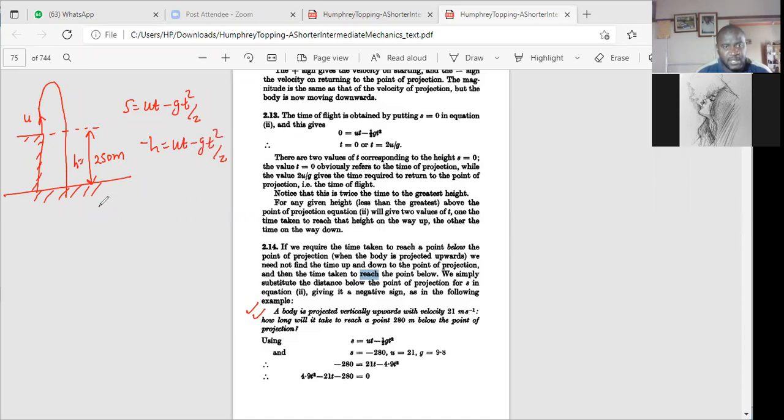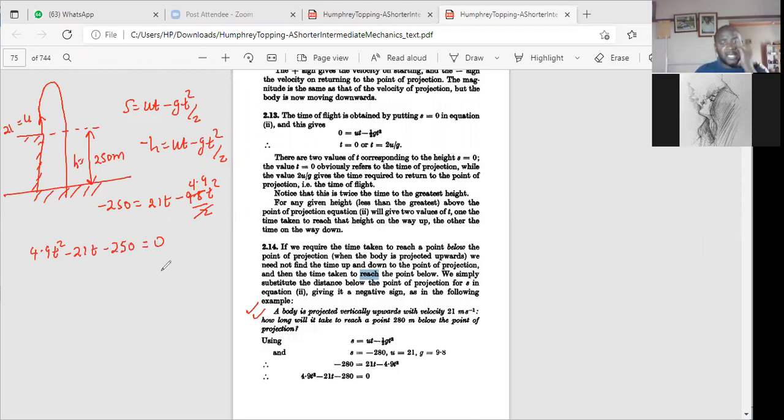So negative 250 equals the initial speed, 21, so 21t minus 9.8t squared divided by 2. When you divide the 9.8, you get 4.9. Therefore, 4.9t squared minus 21t minus 250 equals 0.